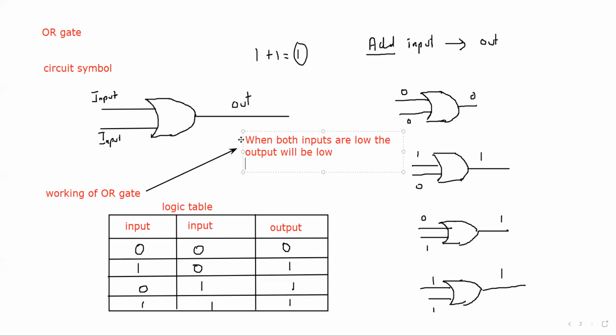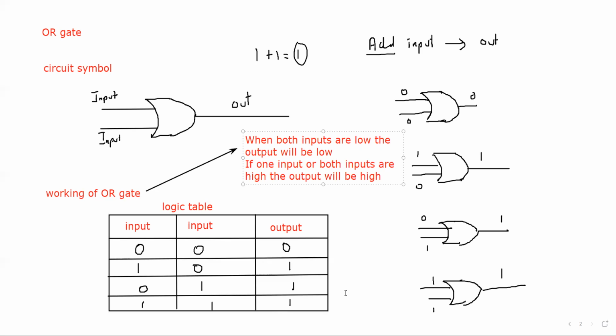But if one input is high or both inputs are high, output will be high. Is it clear? The first kind of logic gate.